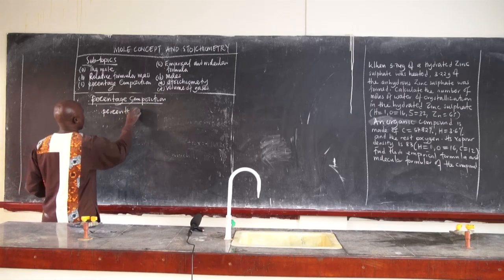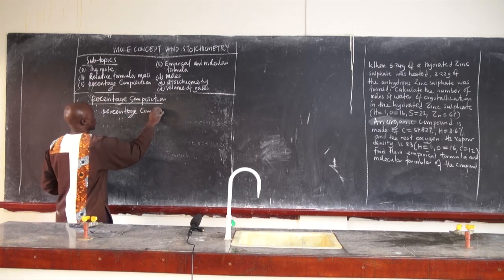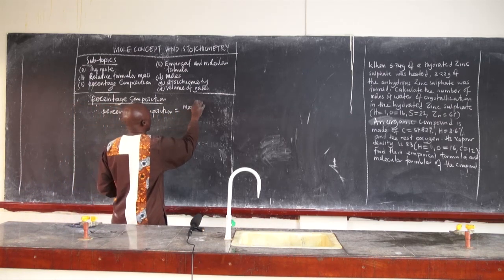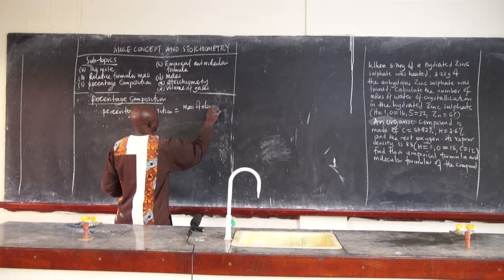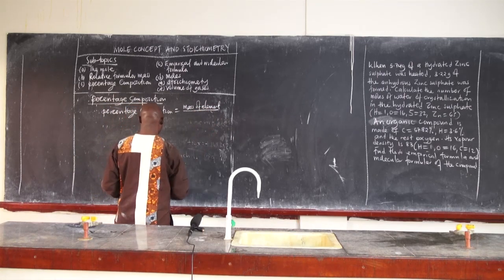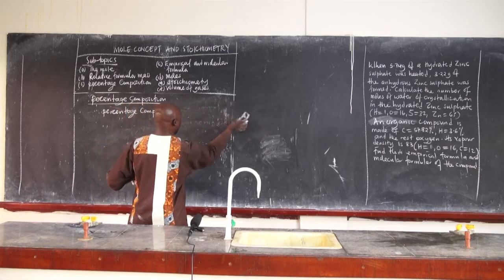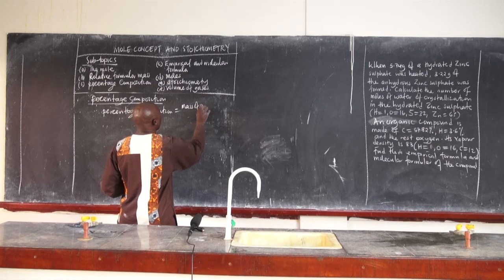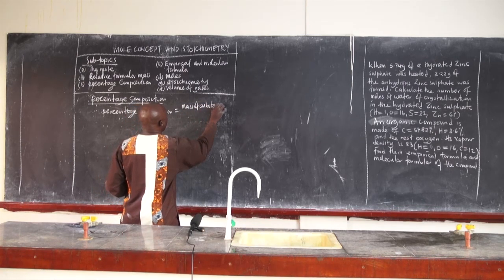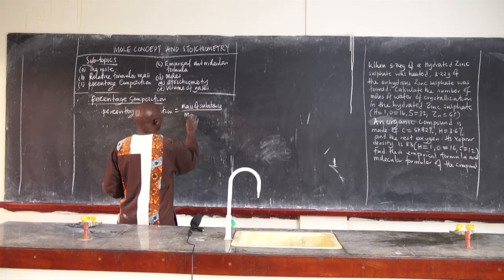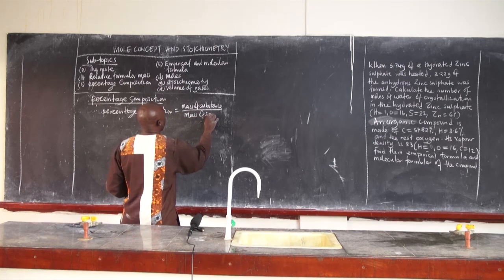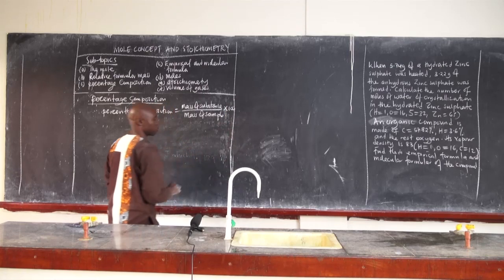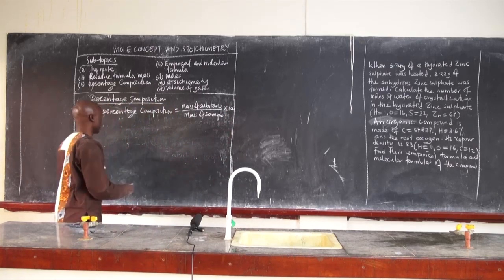Percentage composition is equal to the mass of the element, or the substance, over the mass of the sample, times 100 here.